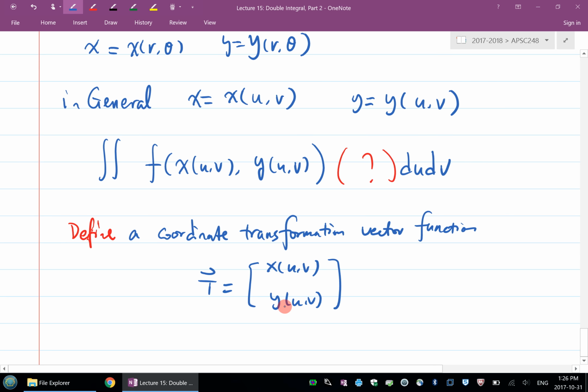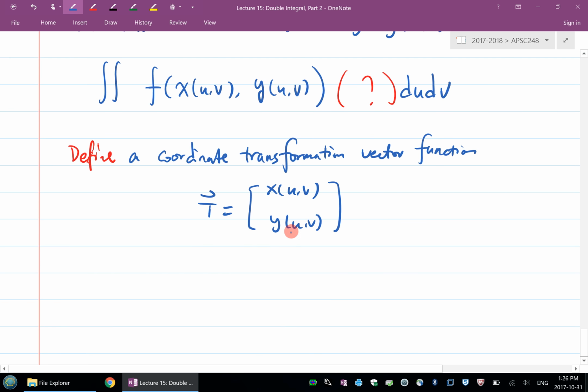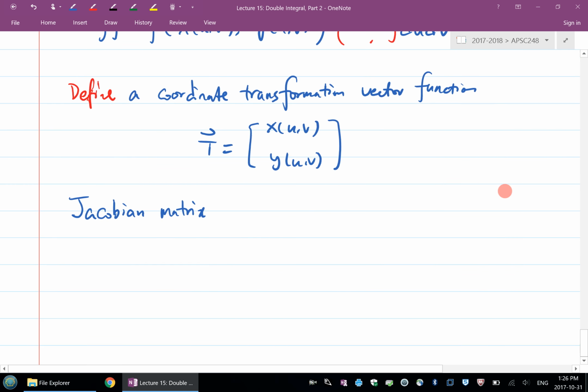Once you have this vector function, we'll be able to construct the so-called Jacobian matrix. You learned Jacobian in numerical analysis, right? So what's a Jacobian matrix? If I have this vector function here, this is a 2 by 1, so the Jacobian matrix will be a 2 by 2.